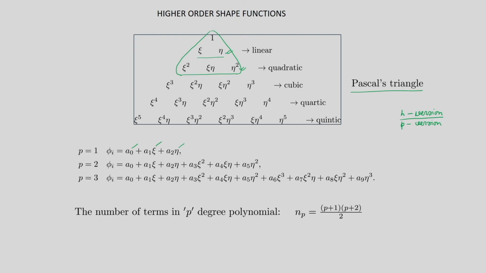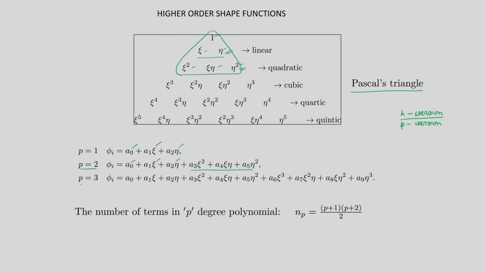So, for phi i corresponding to p equal to 2, we have to consider the constant term, that is the top part, then the linear terms in the second row, and the quadratic terms in the third row. We cannot miss any of the terms.